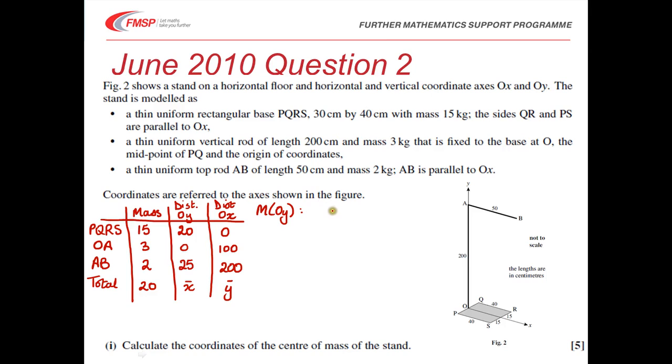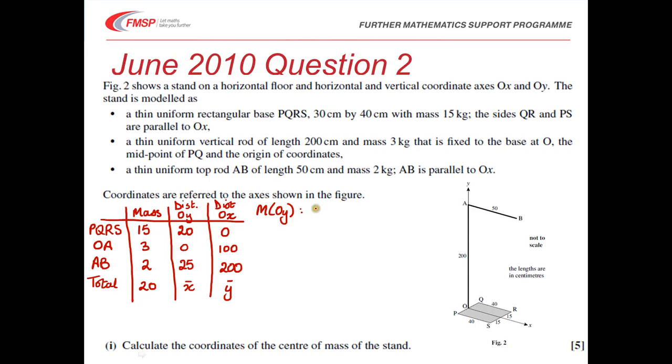Technically moment is force times distance, which should mean that we're using weight, but because the component of the weight, which is given by g, the acceleration due to gravity, would cancel out all the way through, we ignore it anyway.